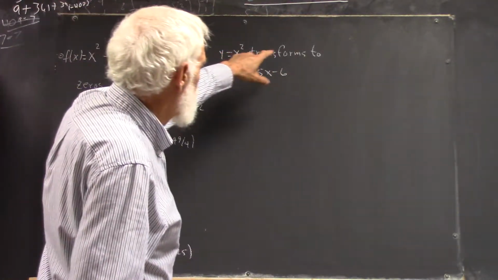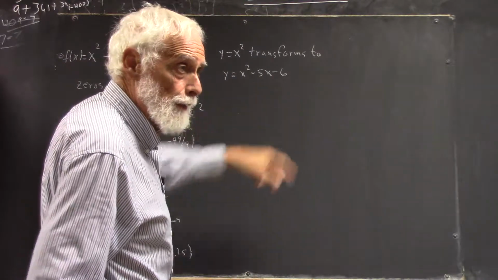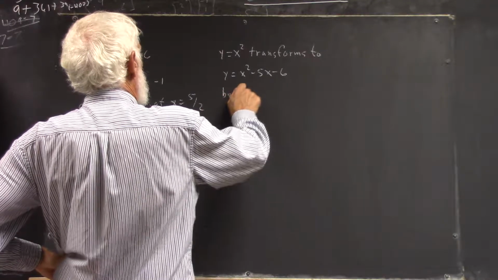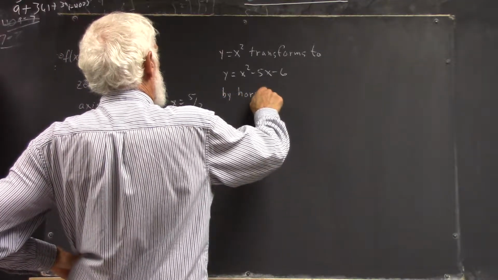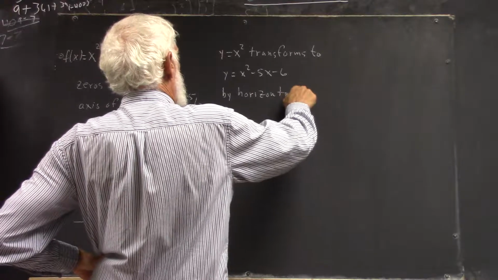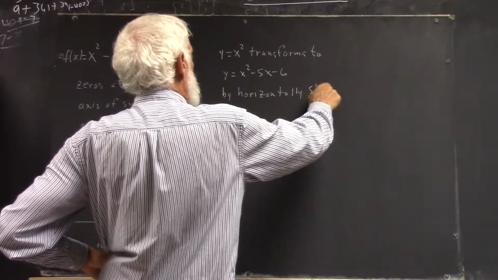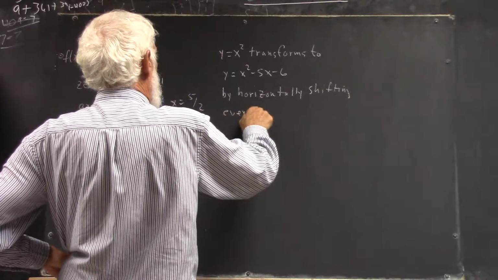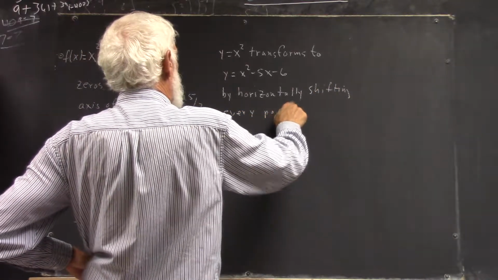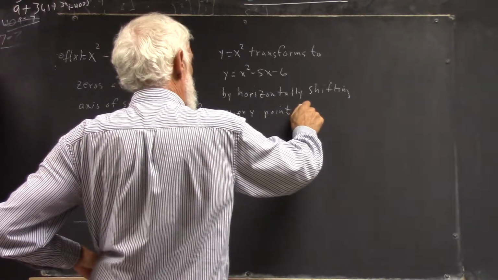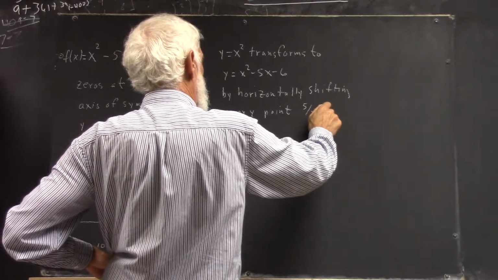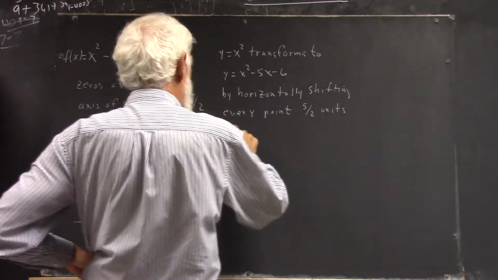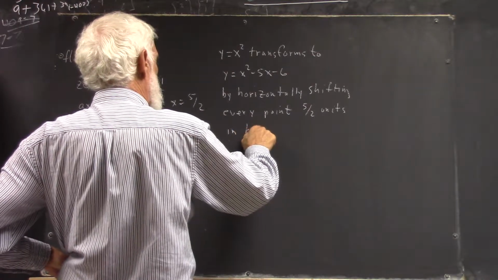The y equals x squared transforms to the y equals x squared minus 5x minus 6 by horizontally shifting every point 5/2 of a unit in the horizontal direction.